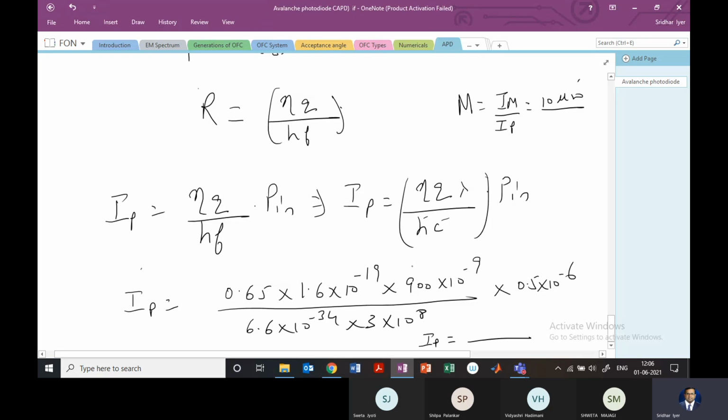Let me just calculate. In microampere, I'm getting around 0.236 microampere. Are you getting that? Yes, sir. Okay, so now that 0.236 can be used here. I can put 0.236 microampere, so 10 divided by 0.236.